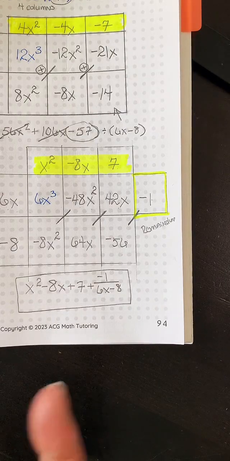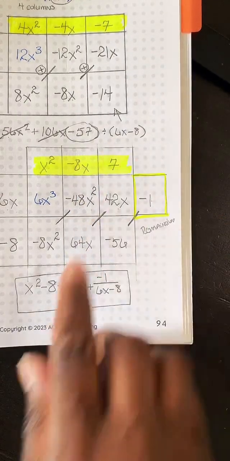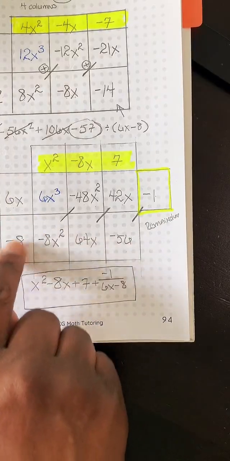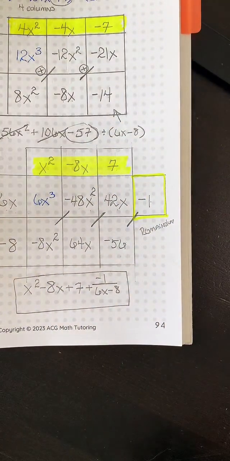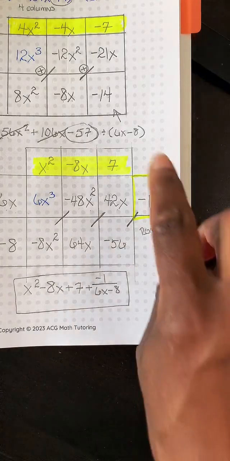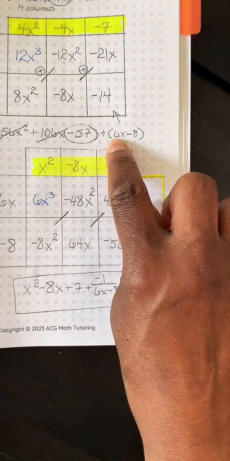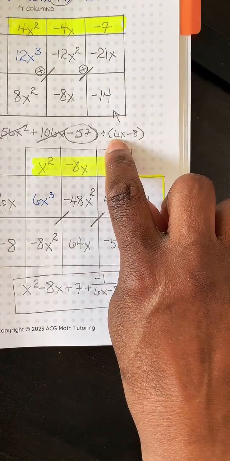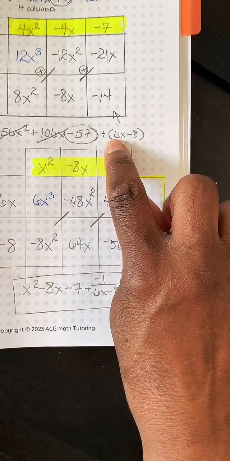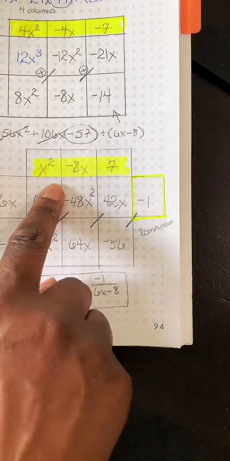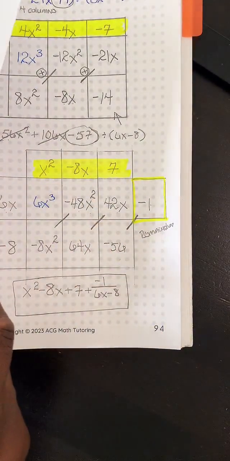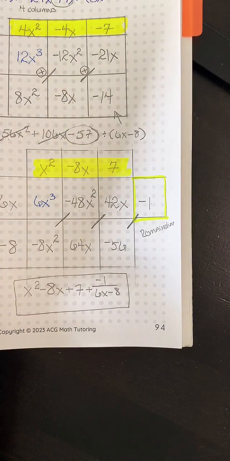If your divisor has a number in front, it doesn't matter if it's positive or negative, you can still use this grid method, and that'll work for anything. But if you do not have a number in front of the x in your divisor, you can do long division, you can do this grid method, or you can do synthetic division.